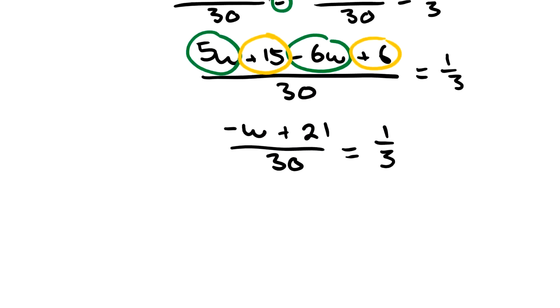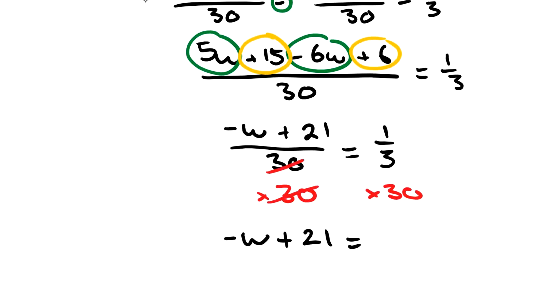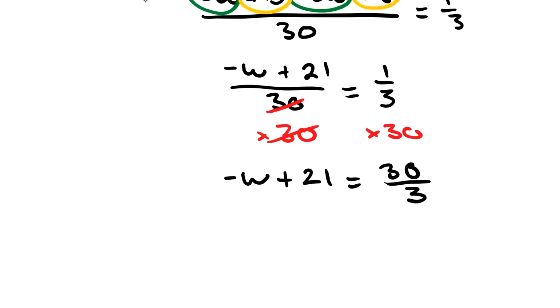Let's get rid of that 30 on the bottom by timesing. So I'm left with minus w plus 21, I'll show the cancellation, equals 30 over 3, which can be simplified down.